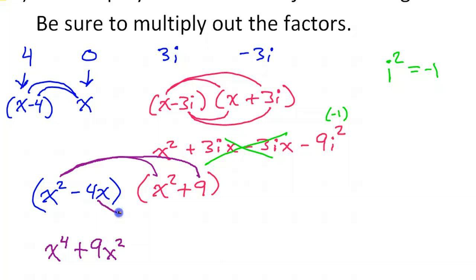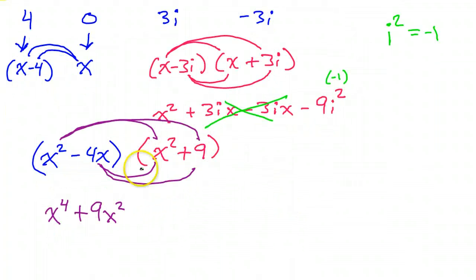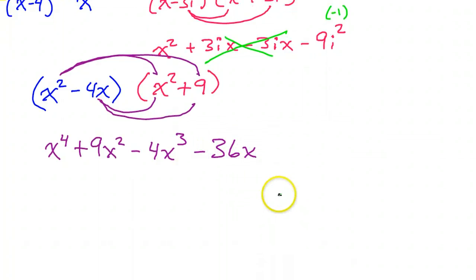Now I'm going to take the negative 4x and double distribute that. So negative 4x times x squared is negative 4x to the 3rd power. Negative 4x times 9 is negative 36x. Now this is the answer except for some of these terms are in the wrong order.